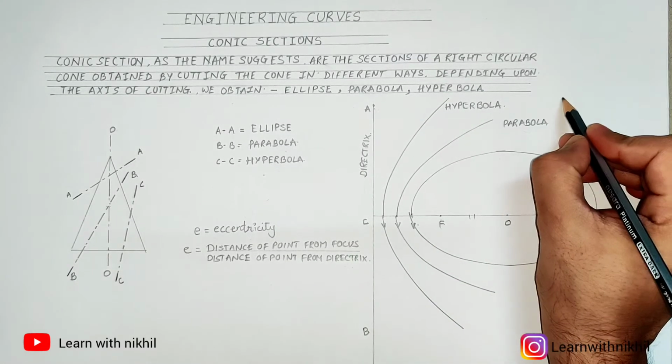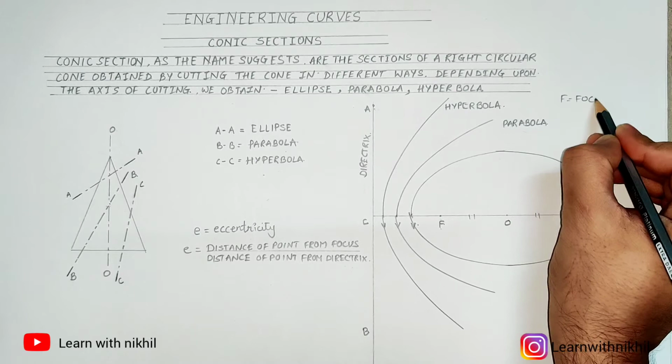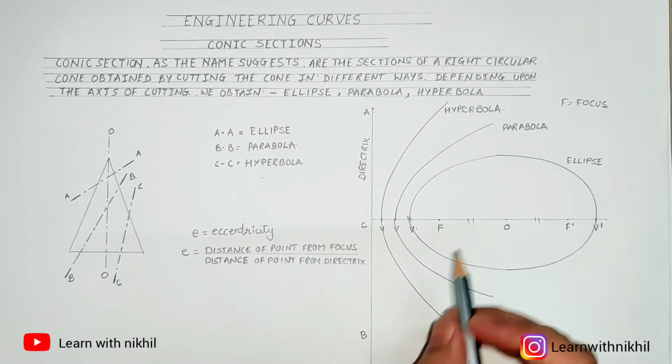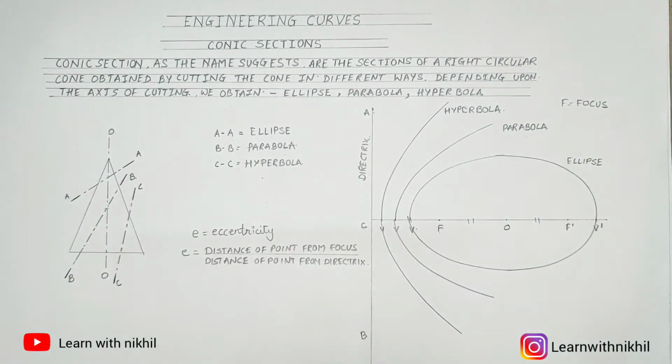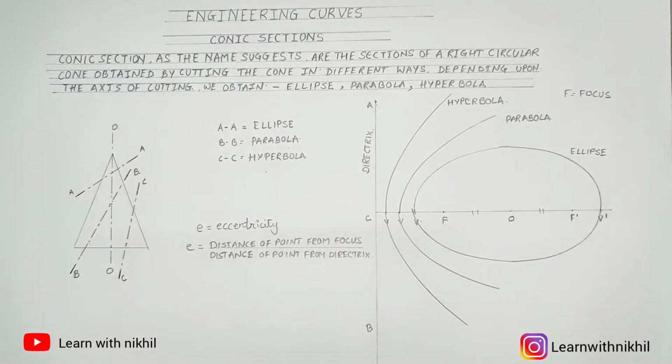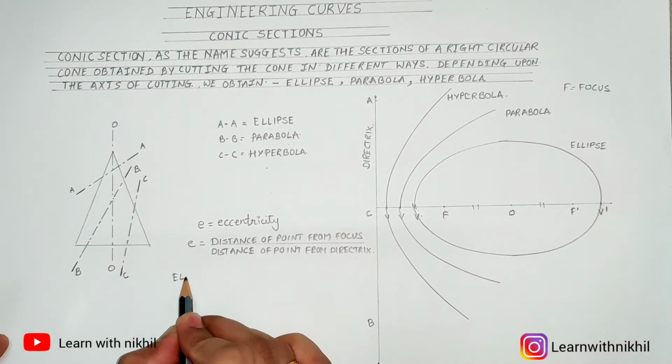So the formula says VF upon VC, where F is the focus and the AB line is the directrix.